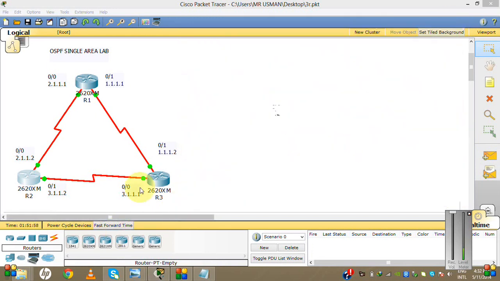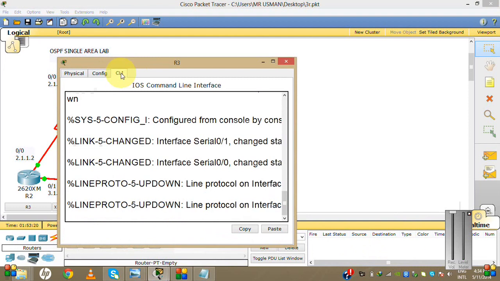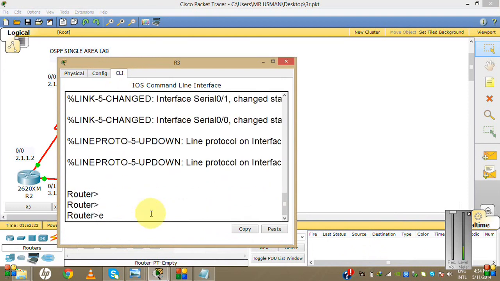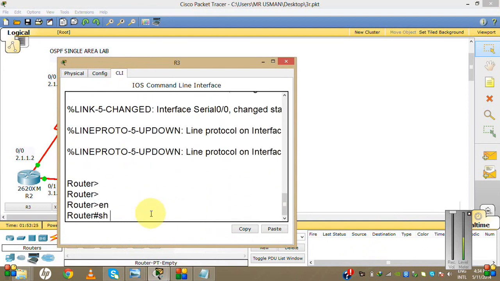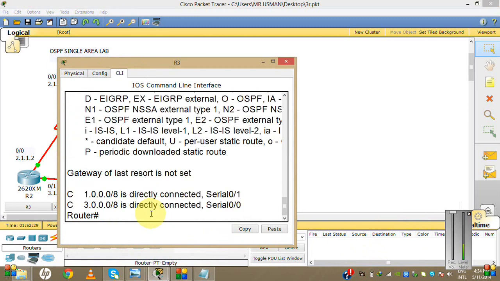Now next router. Enable, show ip route to see its directly connected routes.